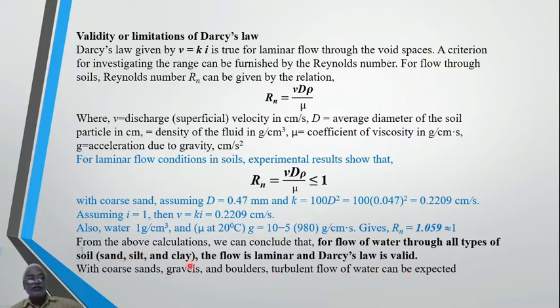So for sand, silt, clay, it is laminar flow only. If it gets coarser, with coarse sand, gravel and boulder, the Rn becomes more than 1, indicating that there will be turbulent flow. So that is the limitation of Darcy's law.